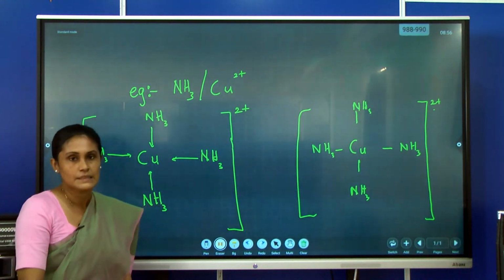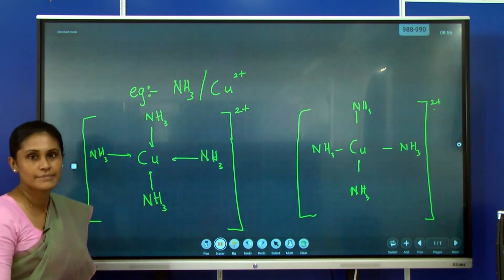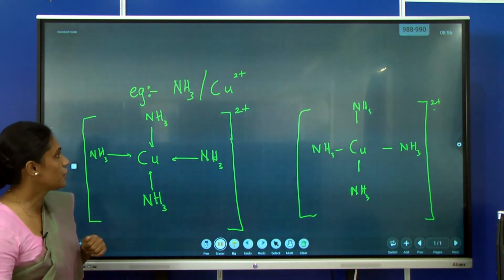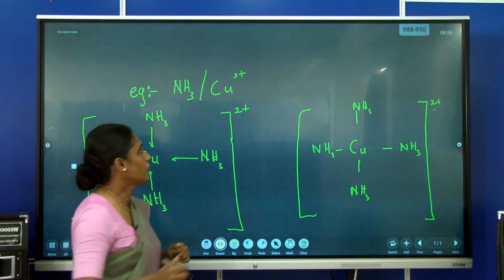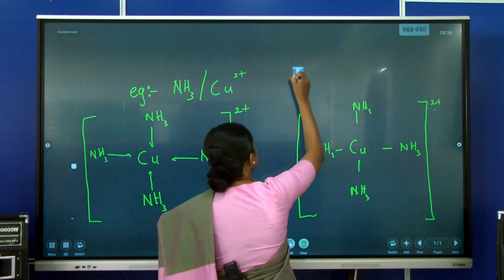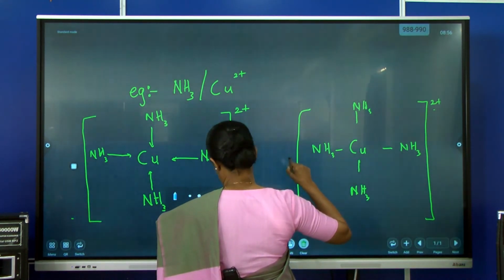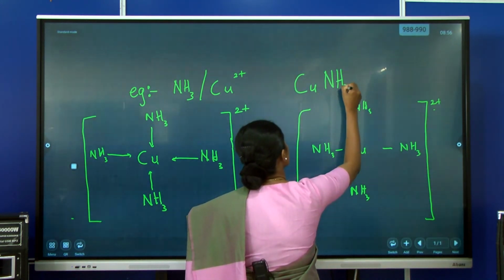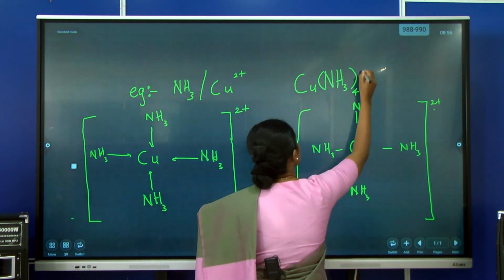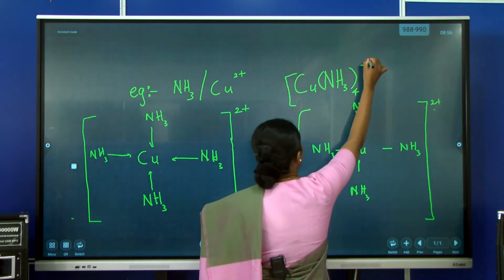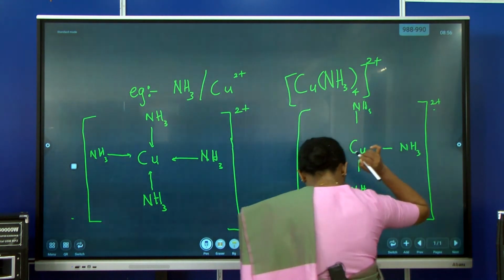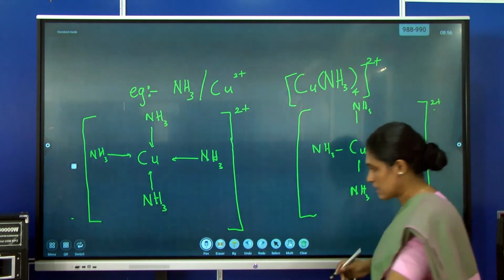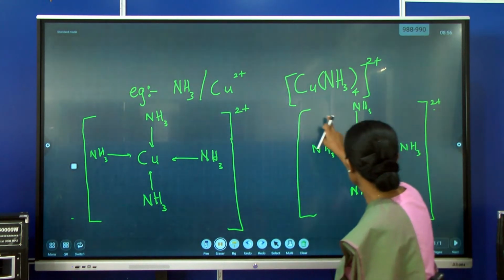Okay. So if you want to name this one, how do you name it? It is not for you now, but I would like to teach you now. Tell me, how are we going to write this? This is the complex ion that you may receive. Can you see the board well?